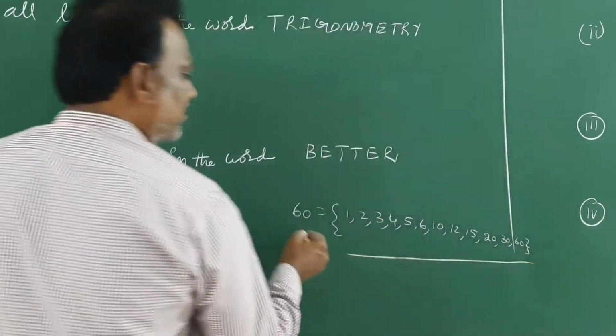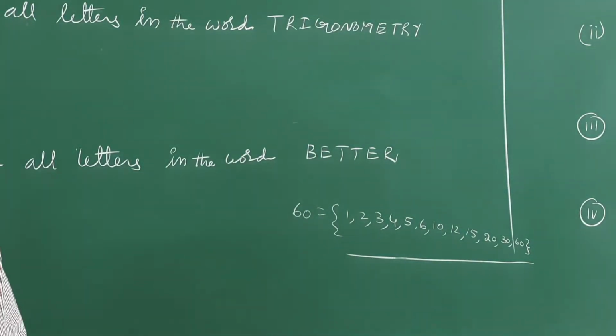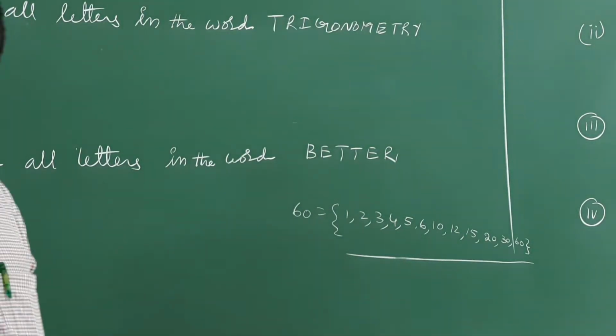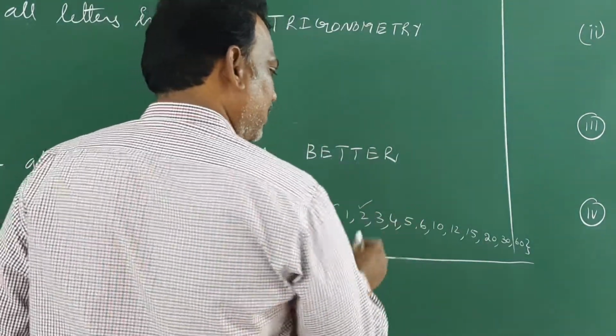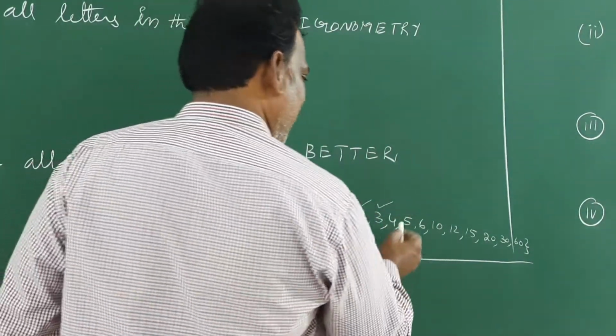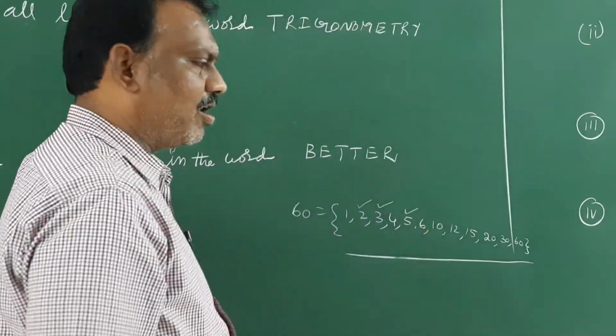So these are all the divisors of 60. Among that, what are prime numbers? 2 is a prime number, 3 is a prime number, 5 is a prime number, remaining are not prime numbers.